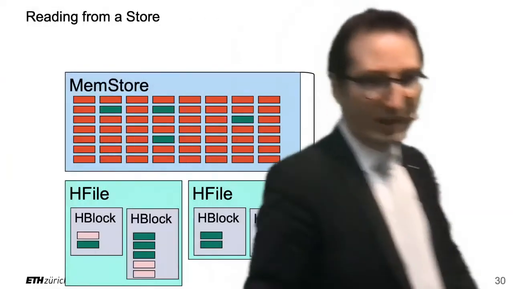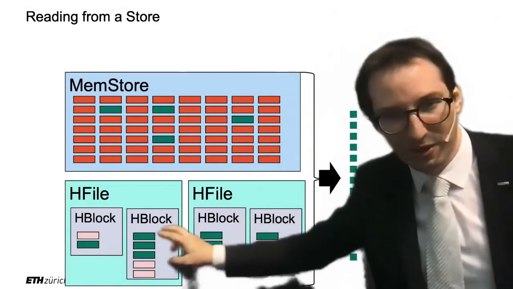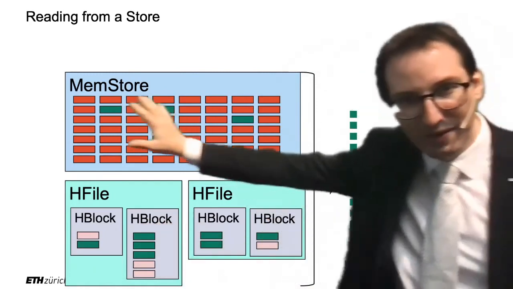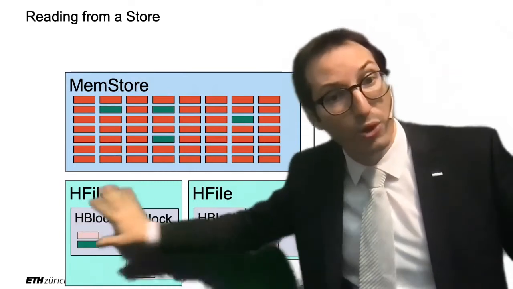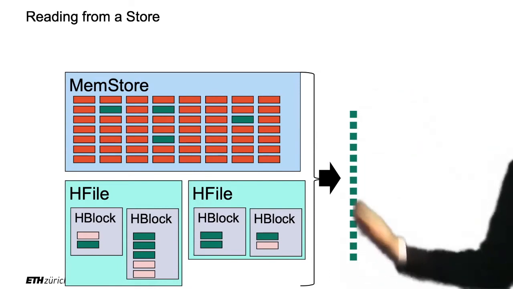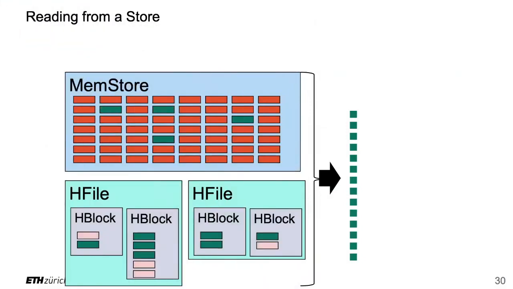And everywhere we try to gather, maybe it's a scan or range query, we found all of the green or dark marked key values. And you see some of them are fresh in memory. Some of them were maybe added a month ago and they are sitting in the H files there. And we just gather them all. And then this is shipped to the user, right? This is going to be the results of the query. For whom is this clear? All right, so this is when we read.